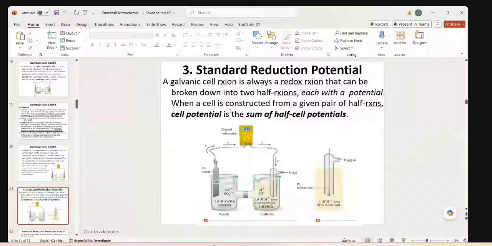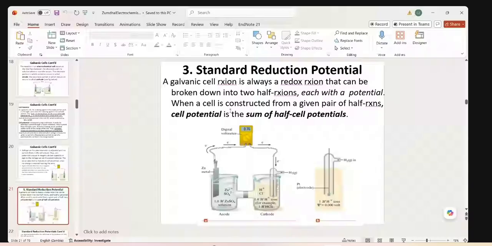So if you want to find the cell potential, we are saying the cell potential is the sum of the half cells, the anode and the cathode. So we are getting the potential for each element. The element on the anode is zinc. What's the reduction potential for zinc? Then the element on the cathode is hydrogen.